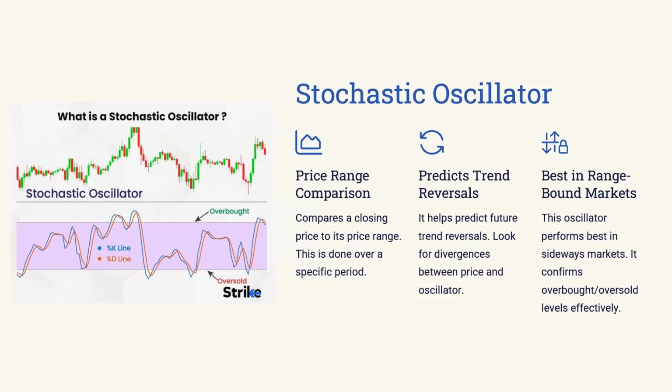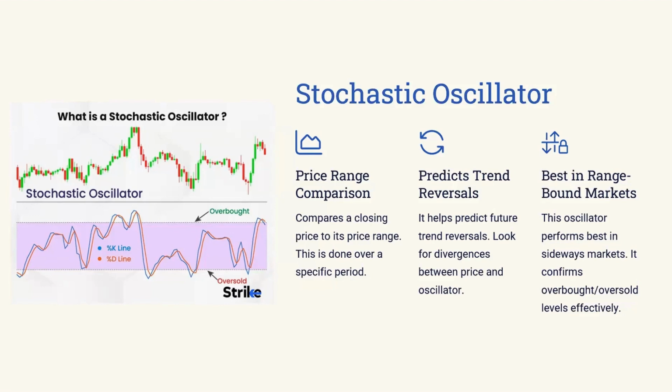And looking for a divergence between price and oscillator, this is one of the most powerful signals from the stochastic oscillator. Bearish divergence: if the price makes a new high, but the indicator makes a lower high, it signals weakening momentum and a potential bearish reversal.